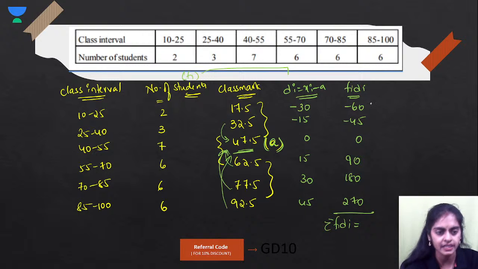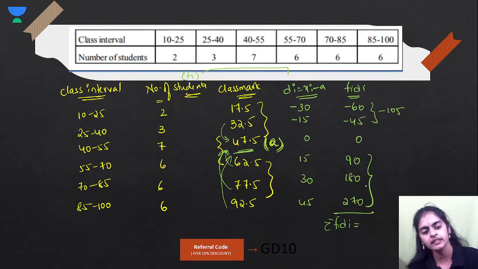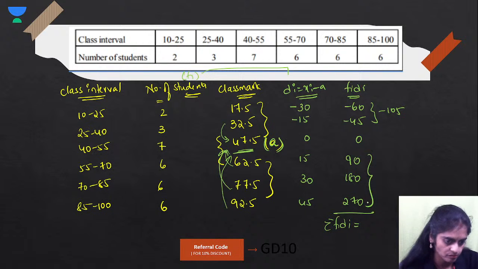Okay, so how much are you getting? Here it is minus 105. Here it is 270. 180. I think this is 540. Check once. Please check once.